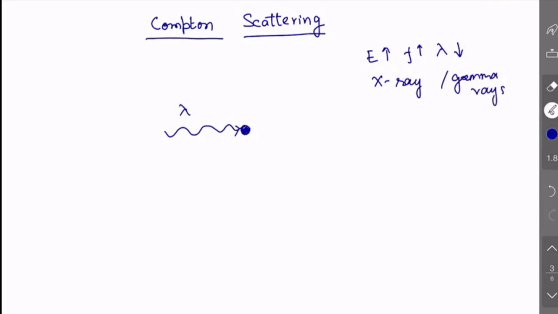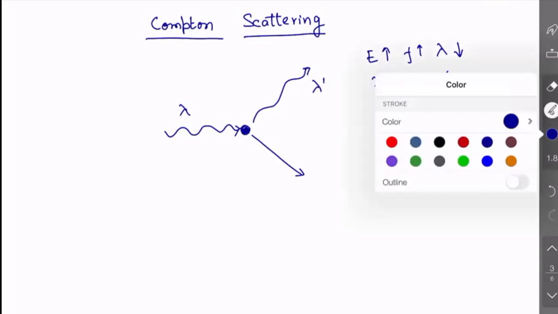Okay. So what happens in this process is that when a photon hits material, it kicks out or recoils an electron from its original position, and the photon itself gets scattered, but its wavelength is modified. That is the basic difference.